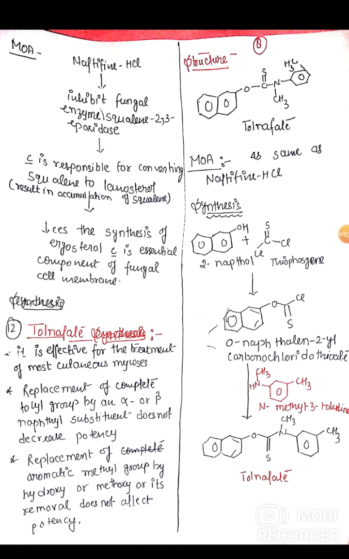The structure is similar to naftifine, and for the synthesis, 2-naphthol reacts with thiophosgene to produce alpha naphthyl 2-yl, which further reacts with N-methyl 3-toluidine to form tolnaftate.